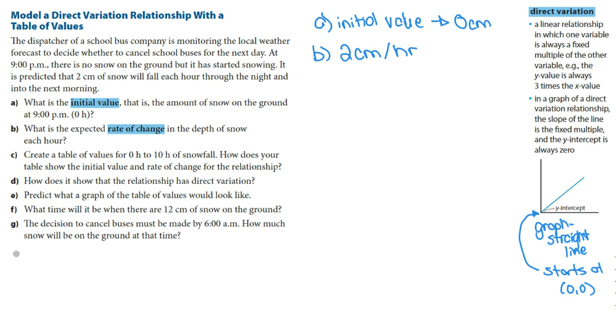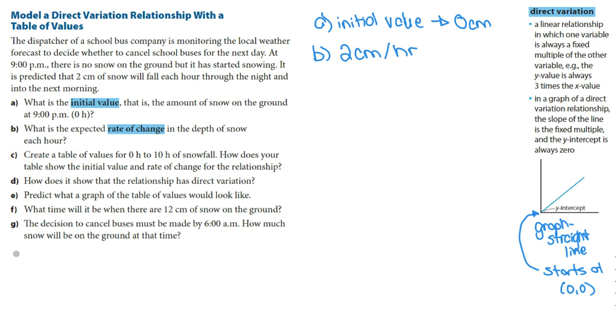So 2 centimeters per hour is the rate of change, which will also be the slope of the line, because rate of change has the same value as slope. Because the slope is the same as the multiple between the dependent and independent variables, we know there's going to be a multiple of 2 in there.